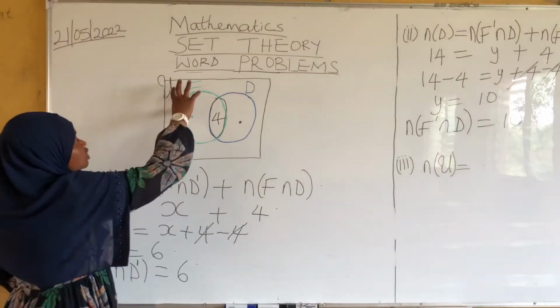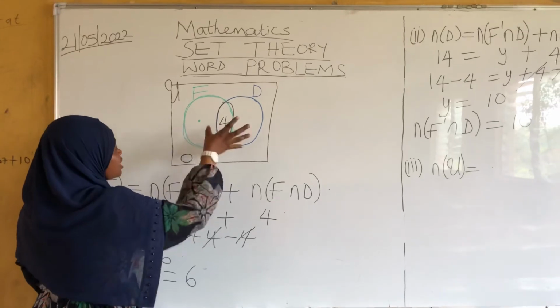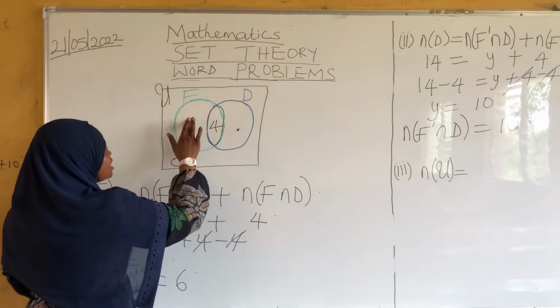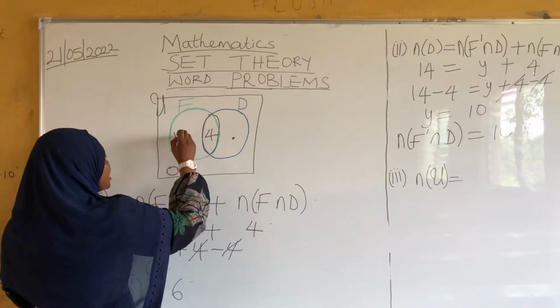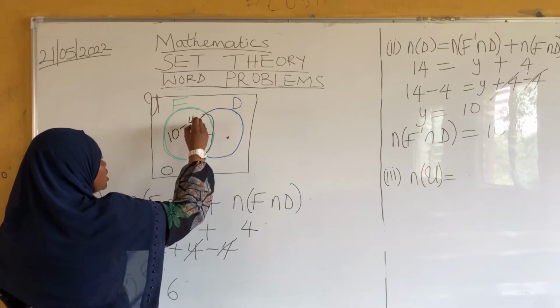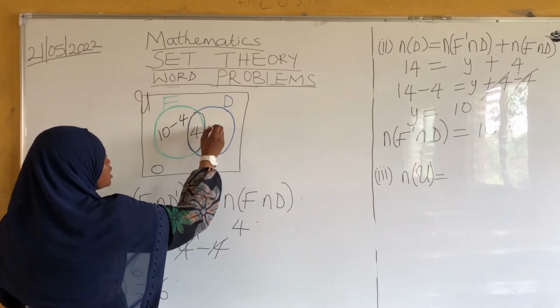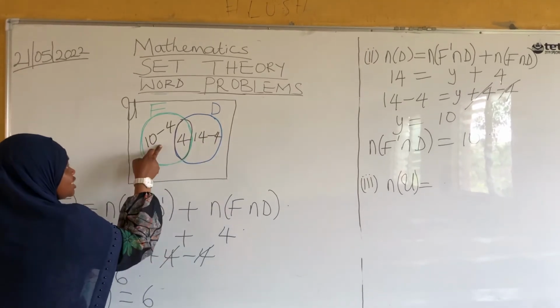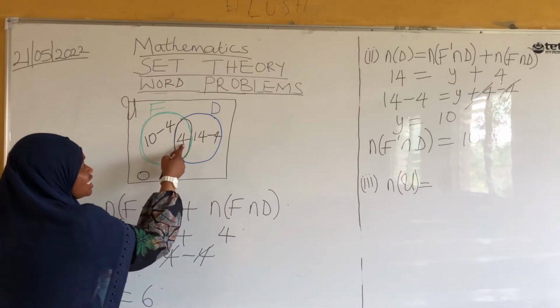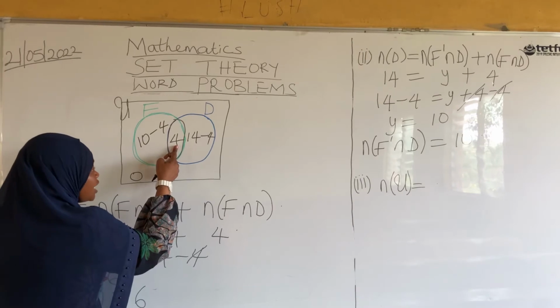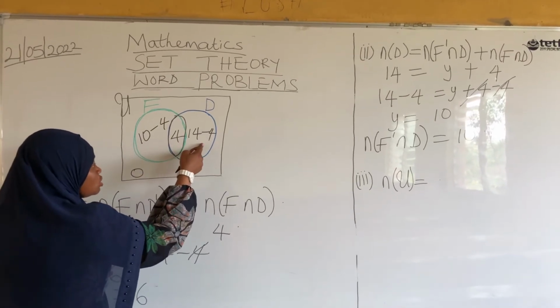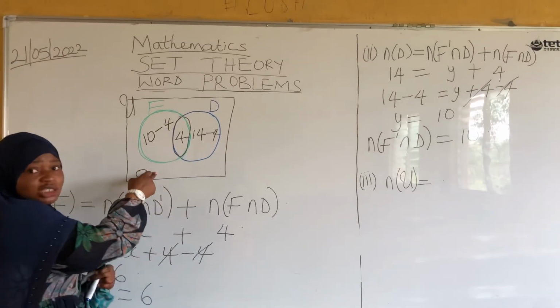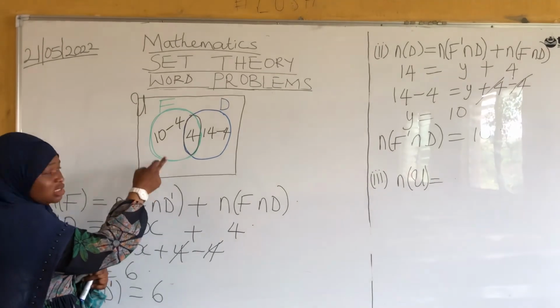So in order to find those that are present in that party, we have to find this place, which is 10 minus 4, and this place, which is 14 minus 4. That is those that dance to Fuji only, those that dance to Fuji and disco, and those that dance to disco only, and those that do not dance to Fuji and disco.